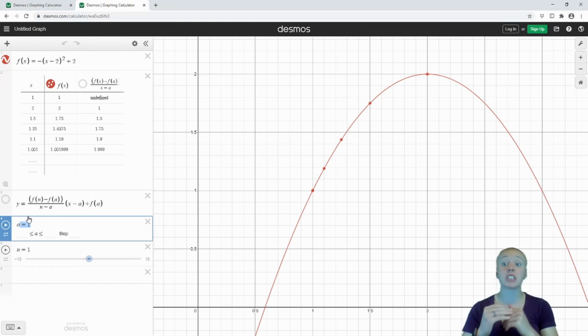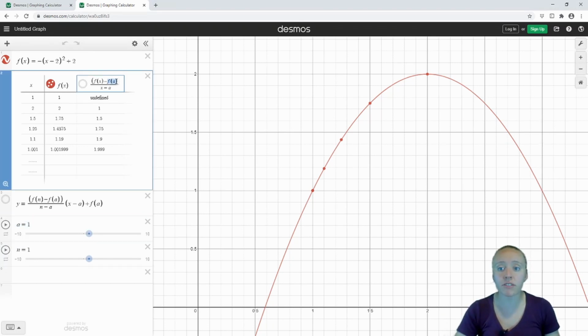If I wanted to find the tangent line at 2, I would set this a value to 2 and get closer and closer to x values of 2. However, I set my a as 1, so here is f of 1 minus 1, all calculated in my table for me. And you can see here were the values we got.